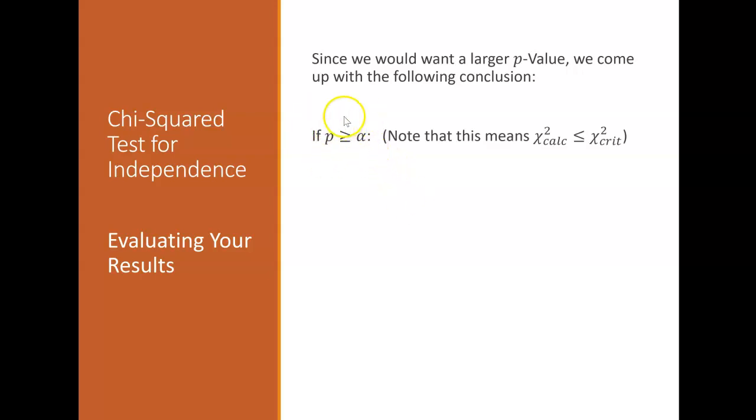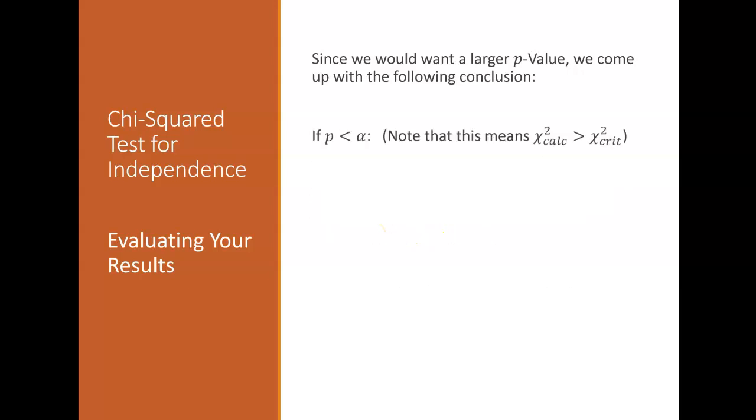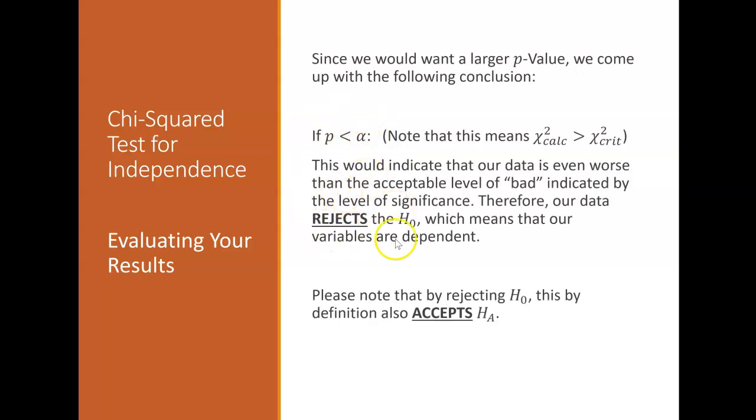So if our p-value is greater than alpha, that means we accept the null and reject the alternative. And again, instead of accept, you can say fail to reject. That's fine. And if the p-value is less than alpha, then we would reject the null and accept, or fail to reject, the alternative.